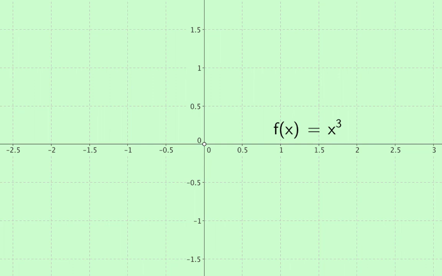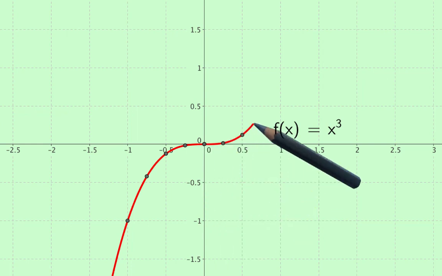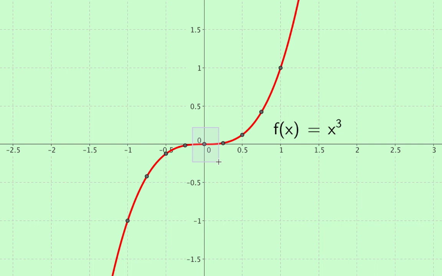So as we come from large values of x, which are negative, we move towards 0. And now at 0, the function is 0, of course. It rapidly increases and goes off to plus infinity. Now notice that here, close to the origin, the function is quite flat. Now this is an example of a function that's odd.